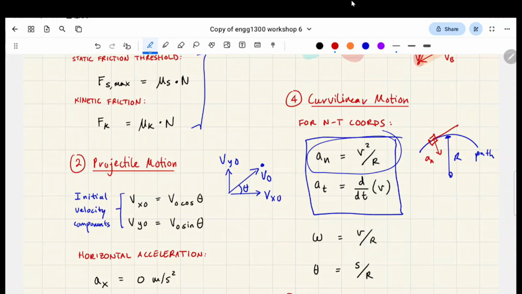But for the tangential component, it's the derivative of v, but I guess for the questions, it's more just to do with this. Sum of the forces in the tangential direction equals mass times that, and usually you're solving for whatever forces you come across in these questions, right? Kind of like that way, right?